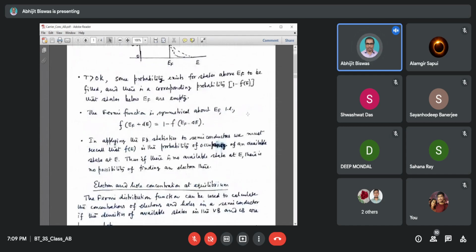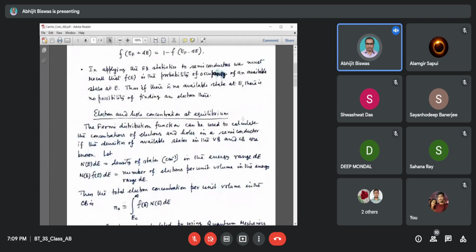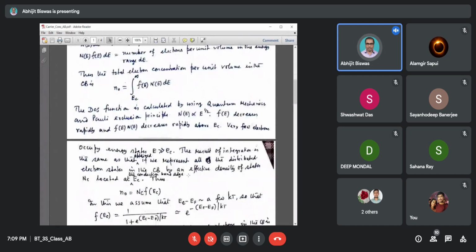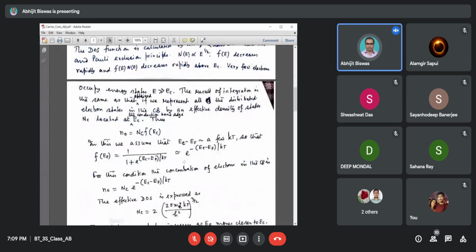So you will not find any electron at a higher energy because Fe will reduce to approximately zero. Therefore, you can make this type of approximation, because all the states will be occupied in the vicinity of EC only. As you go to higher states, you will seldom find any electron there.